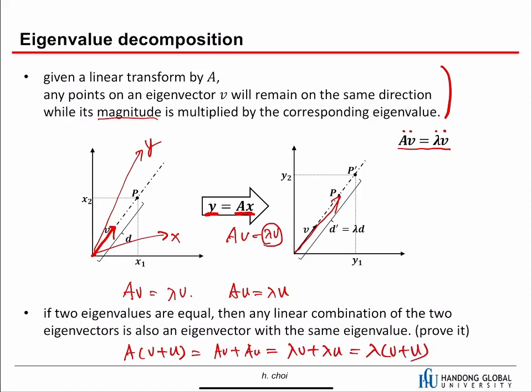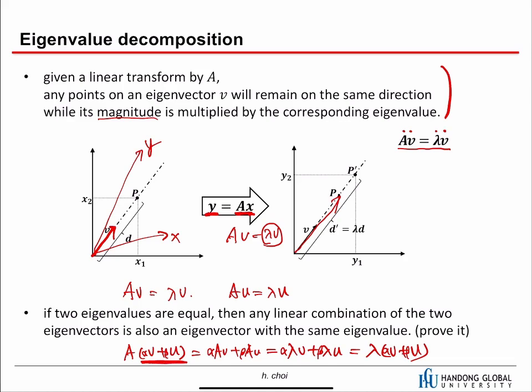So if we have any weights, like alpha and beta, any linear combination of the two eigenvectors is also an eigenvector.